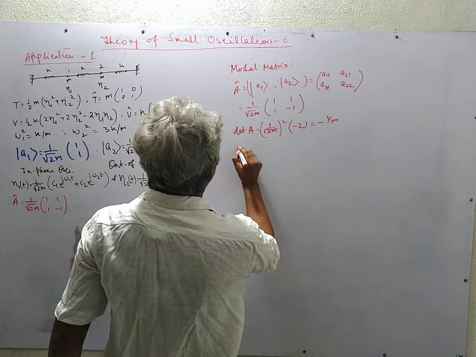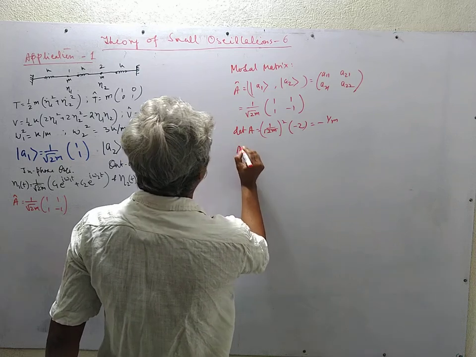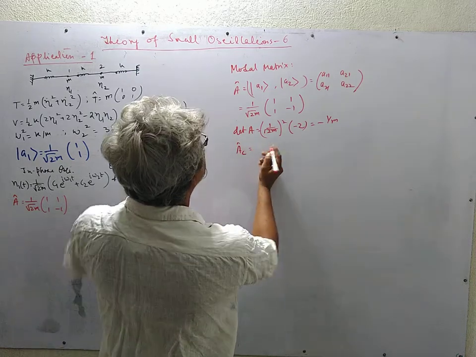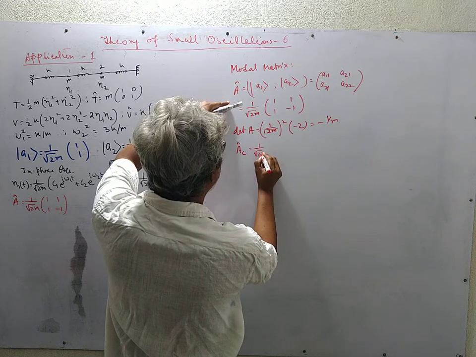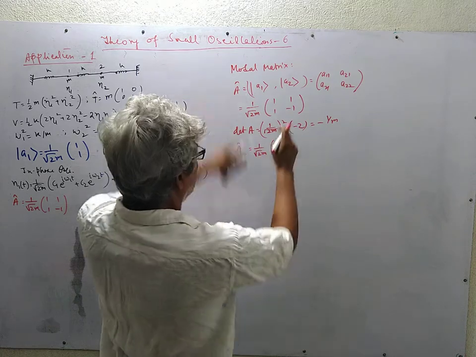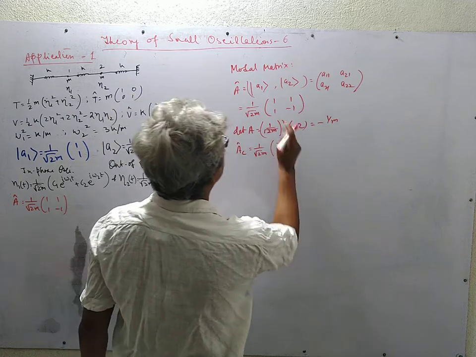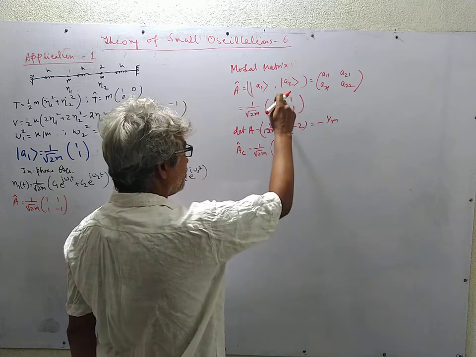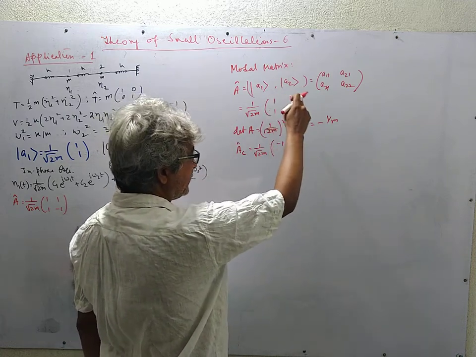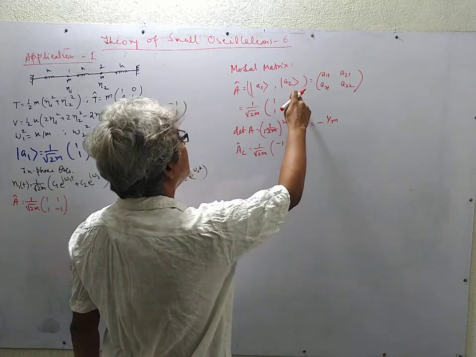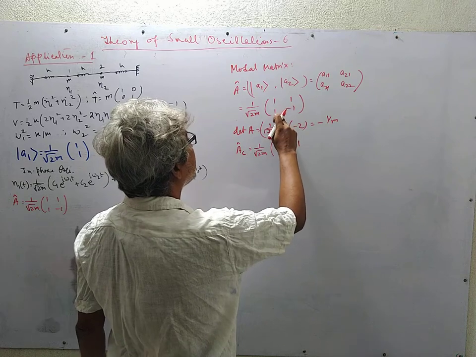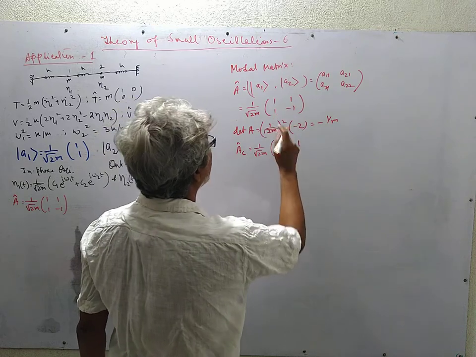First thing, we find the cofactor matrix. The cofactor matrix is obtained by, this is minus 1 if we suppress the row and column containing the 1 1 element. If we suppress this element, this is 1. If we suppress this element, this is 1.